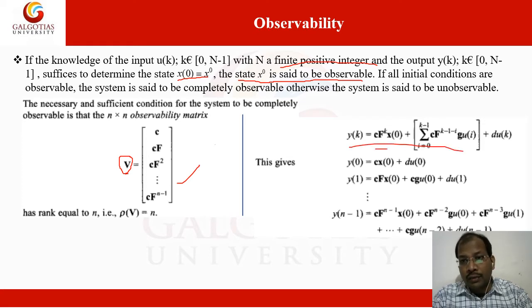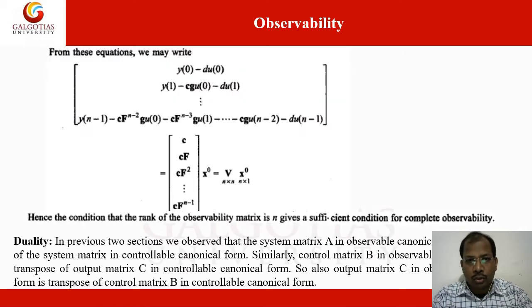The output equation in discrete form we have already derived. Here we put k equal to 0, k equal to 1, up to k equal to n minus 1. So we get the same, and we have to segregate it in vector form, so we can get a final solution. This is the vector form. Here we are combining C, CF, up to C into F to the power n minus 1, and the other is the x naught.